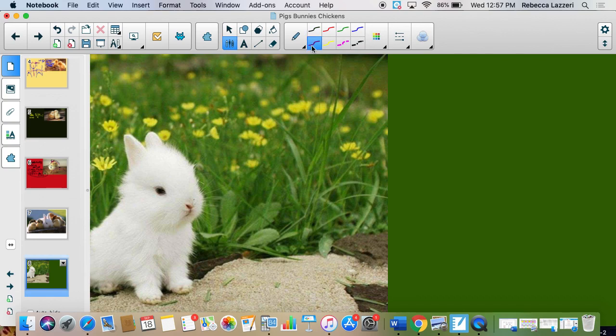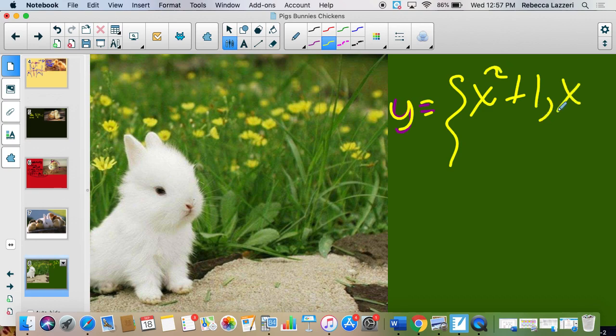Okay, so if I have y equals x squared plus 1 when x is greater than 3, and this is less than or equal to 3.